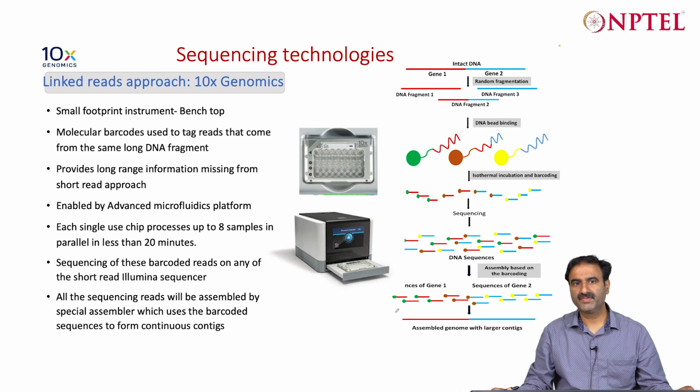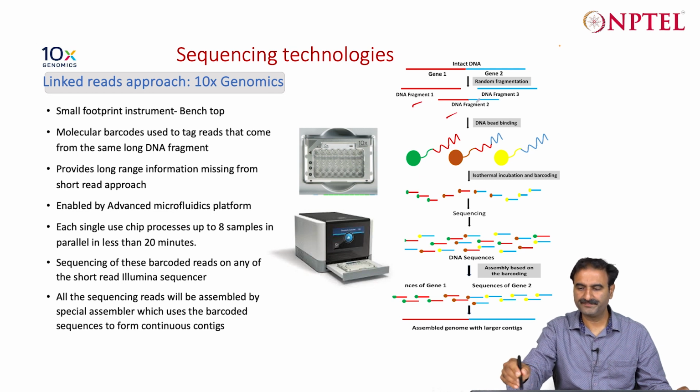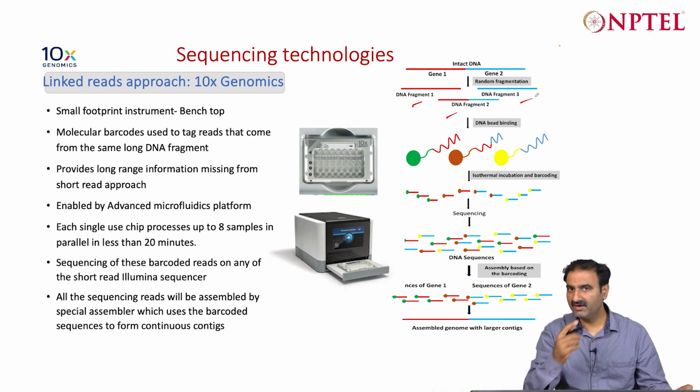Then we also looked at link read sequencing, where the fragments of DNA, when they are generated, are labeled with different barcodes. Later, when they are sequenced, fragments from the same original molecule carry the same barcode, and they are combined together into the fragment from which they were actually derived.